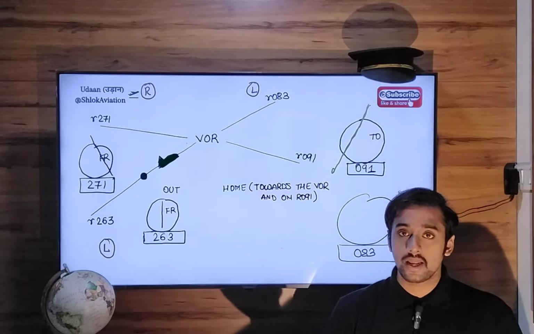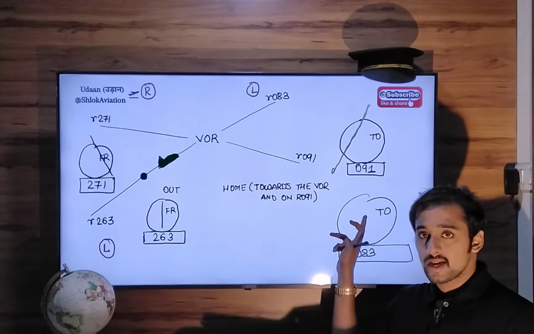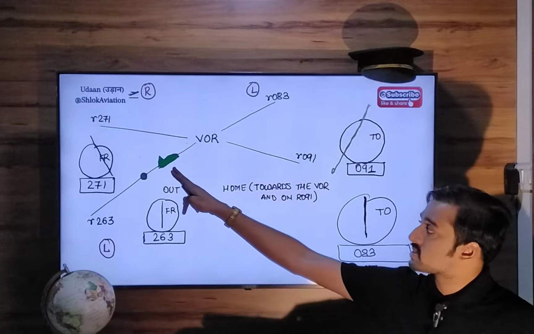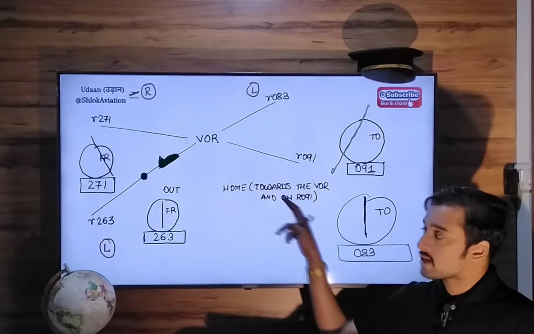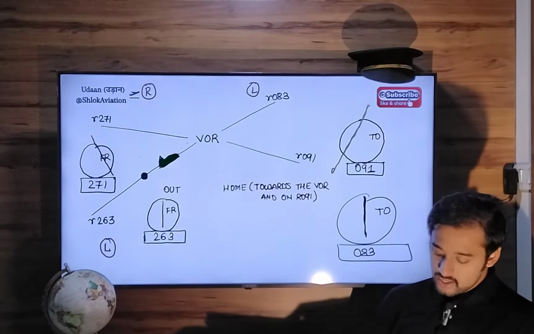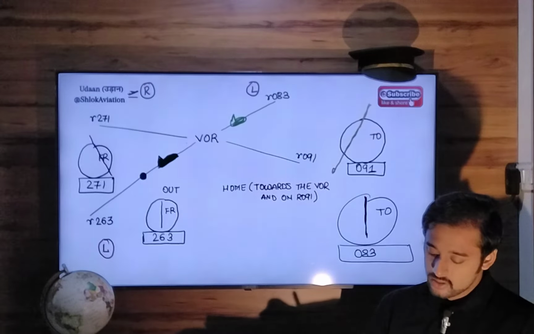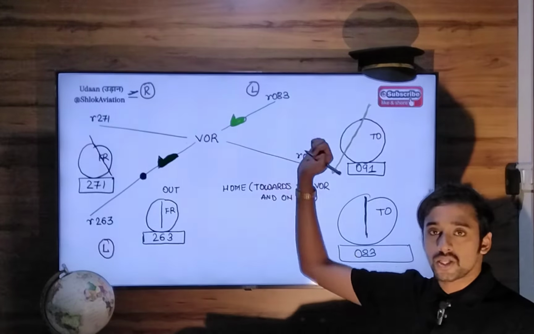With 083, the pilot will get a TO indication and the CDI needle will stay in the center. All the pilot has to do is maintain the CDI needle in the center and fly straight to the VOR, transitioning from 263 to 083.